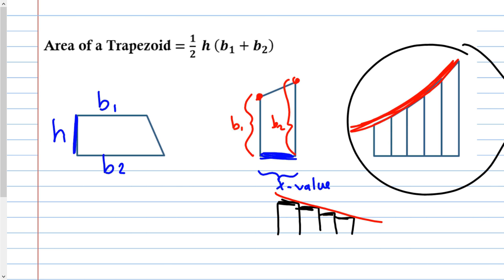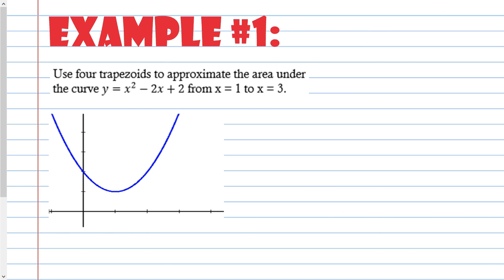Okay, so example 1. Use 4 trapezoids to approximate the area under the curve y equals x squared minus 2x plus 2 from x equals 1 to x equals 3. We're only looking from here to here. Four trapezoids would mean I'm going to have to cut this up in the middle.